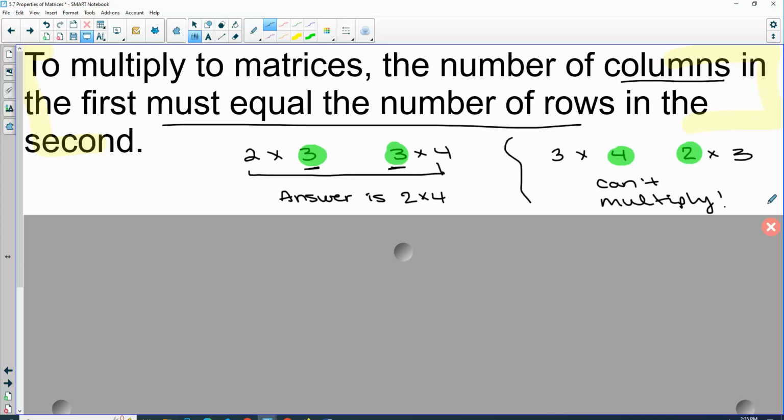Alright, so we are just going to practice multiplication until we have the hang of it. And we'll just work through examples. The first thing we're going to do is check to see if we can multiply them, decide how big our answer should be, and then we will find that matrix.